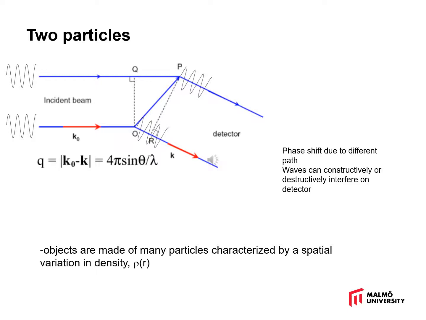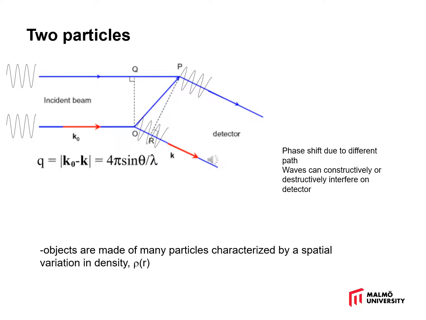As a result of the interaction and the spatial distribution of these two particles, there's first of all a phase shift between the waves that have interacted elastically with the two particles. So the diagram there just shows simple geometry around that, the nature of that phase shift. And of course, one can quantify this with the momentum transfer vector.